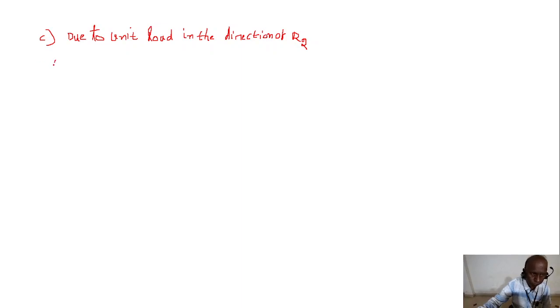So F12, the flexibility coefficient F12, this is also equal to F21. This is 34 by EI.